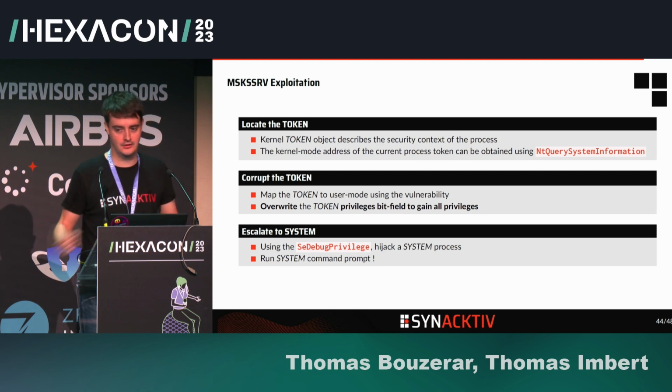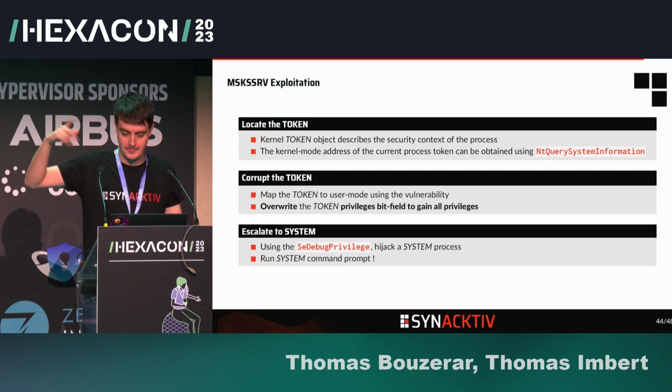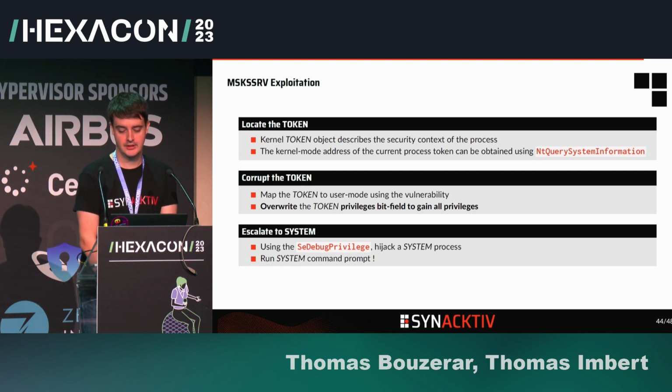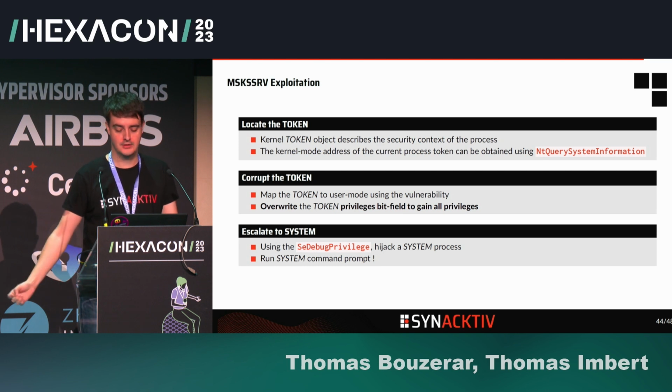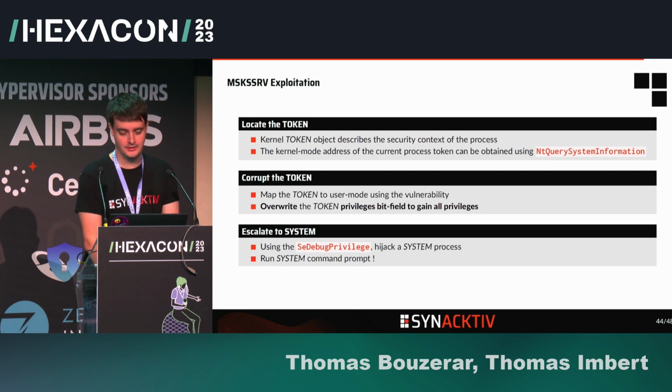So if you have a handle to an object, it has a kernel mode structure inside the kernel, and using NtQuerySystemInformation with the handle information, you can get that kernel mode address. That will be fixed in the next Windows version, I think, but it was working for Windows 11.